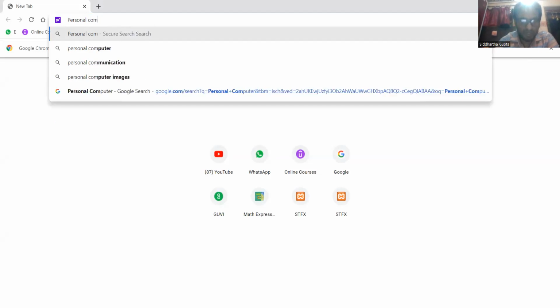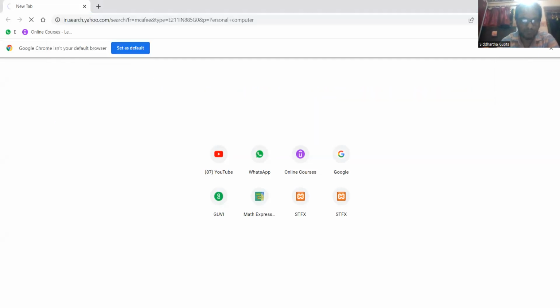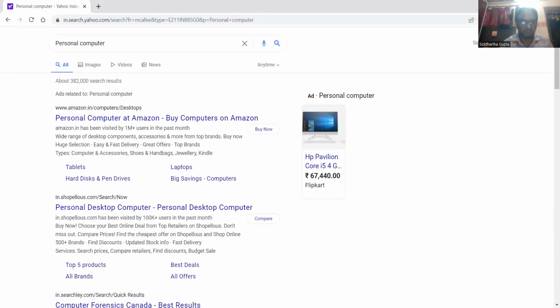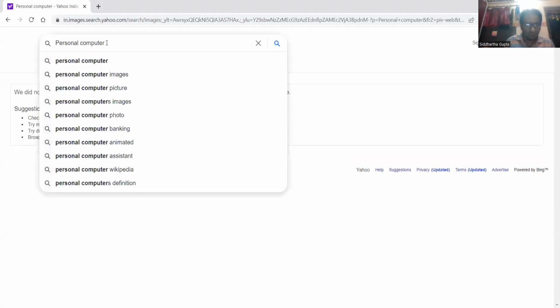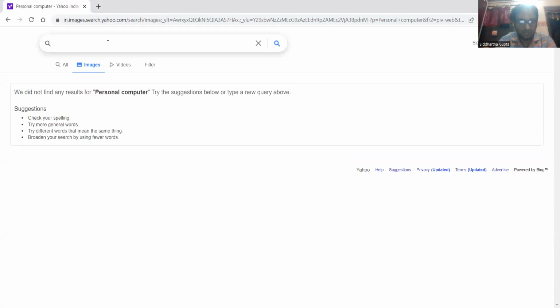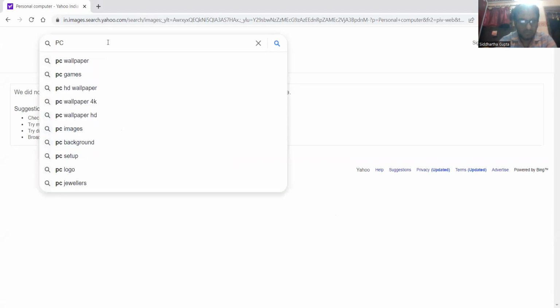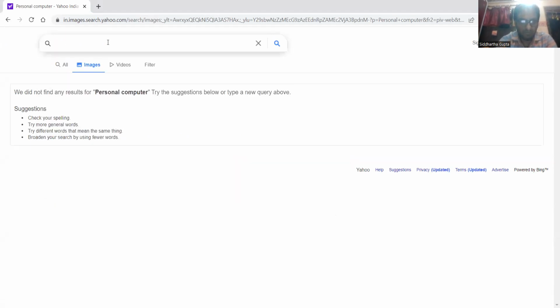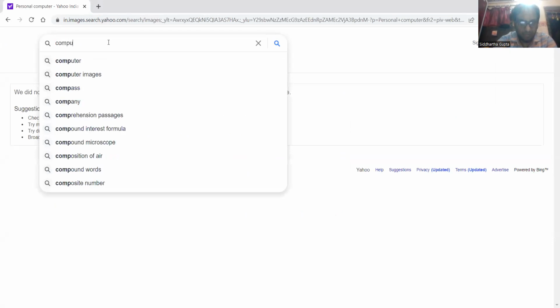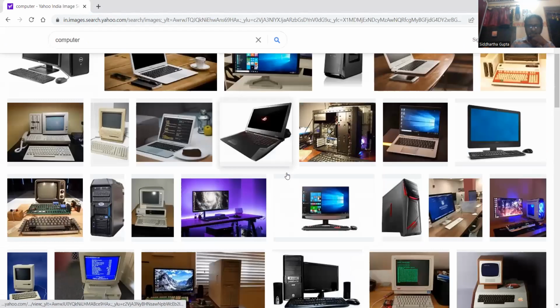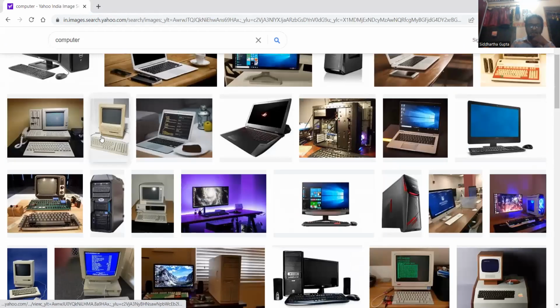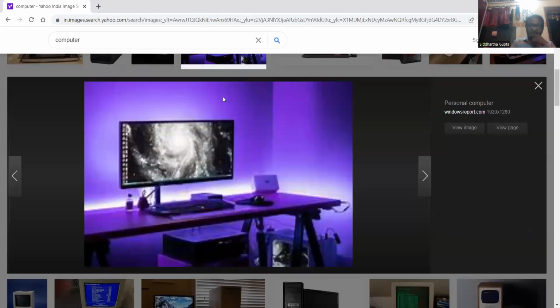PC stands for personal computer. So my dear students, you can see that there are different types of computers, just like this.